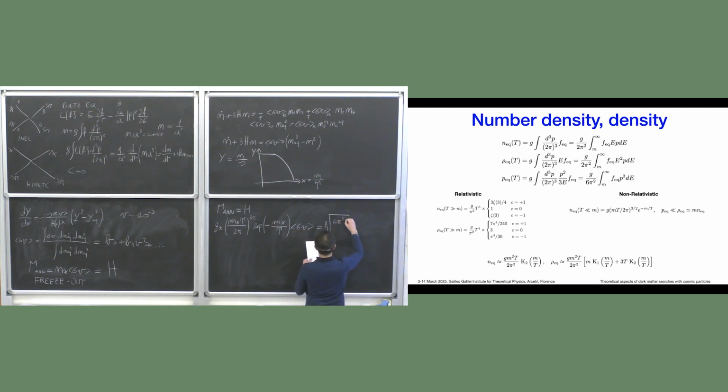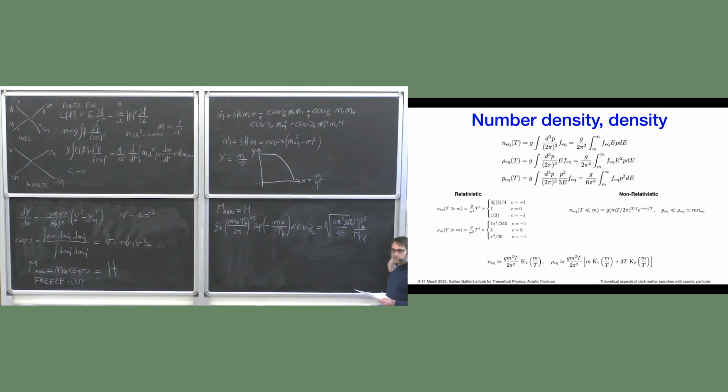Well, you know, it's not a constant, the Hubble factor. Okay, so here we have that this equality is true when the temperature is the freeze out one. So this is at freeze out, and also g is evaluated at the freeze out.